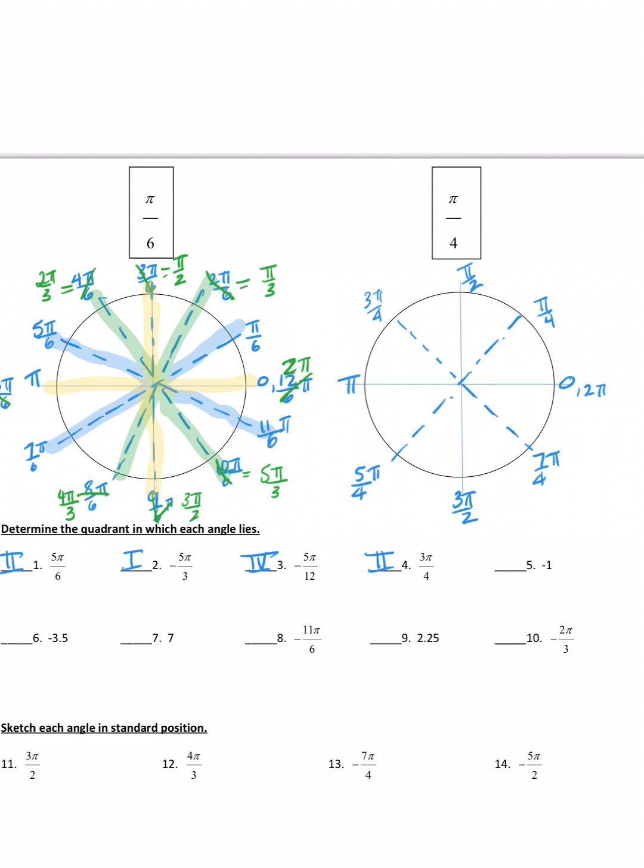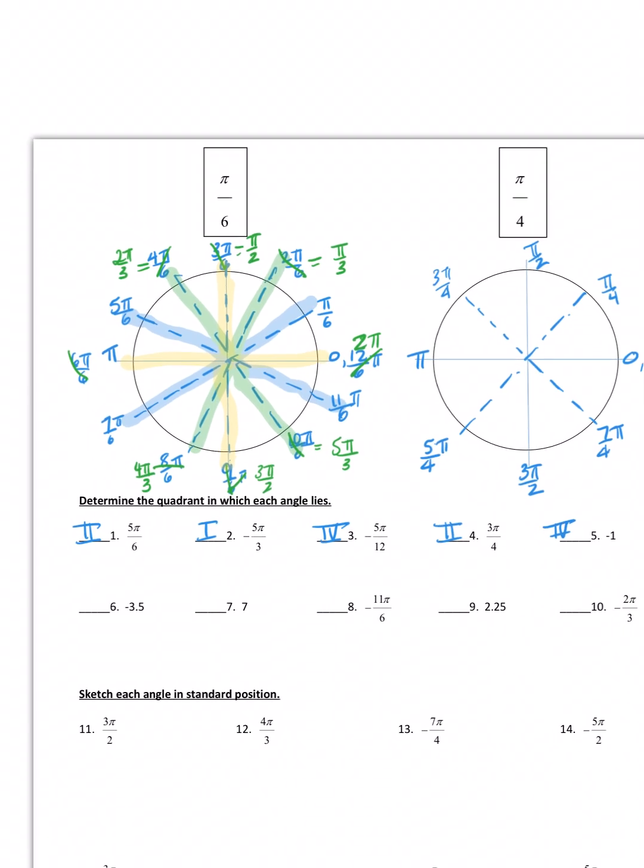So fold it over. That puts it in quadrant 4. Negative 3.5 radians. Think in positive terms for a moment. Remember, 180 degrees is 3.14, right? So 3.5 would put us in quadrant 3 if it was positive. Just fold it over and it lands in quadrant 2.